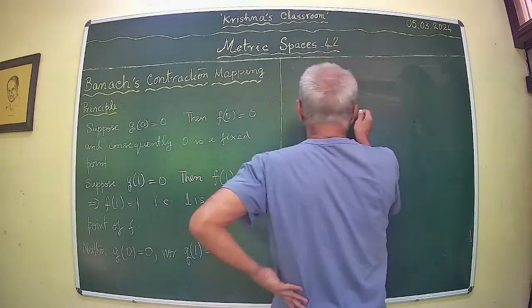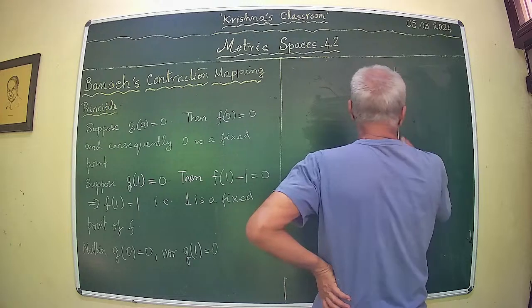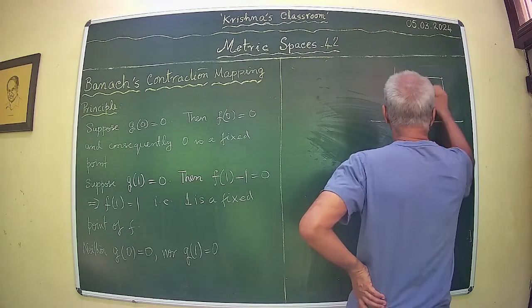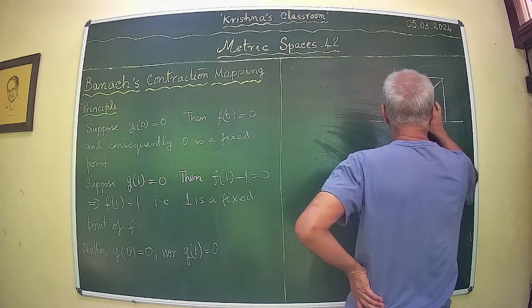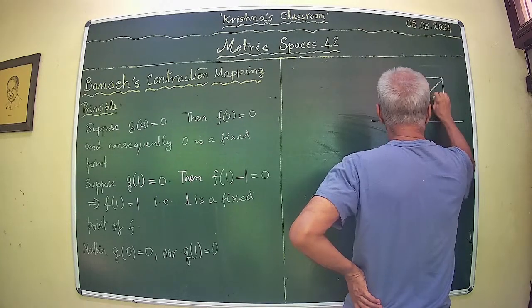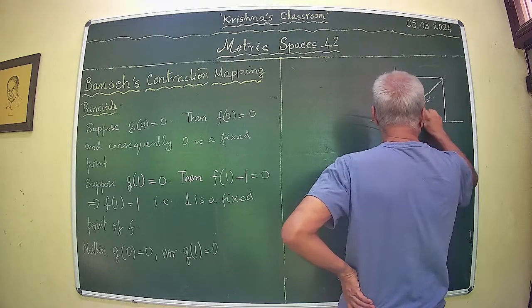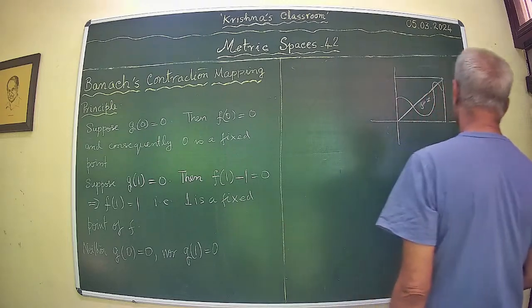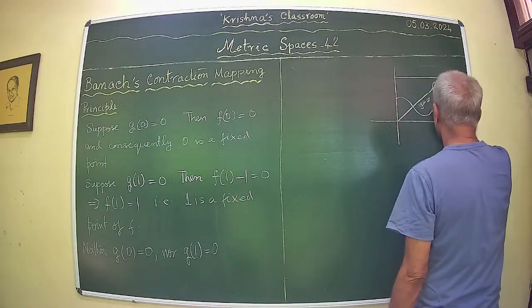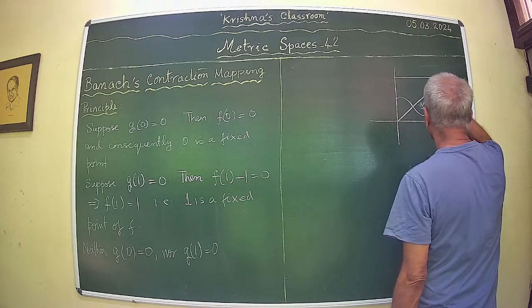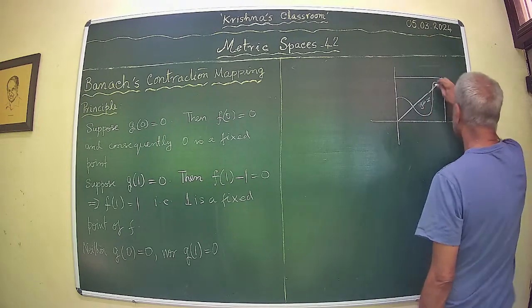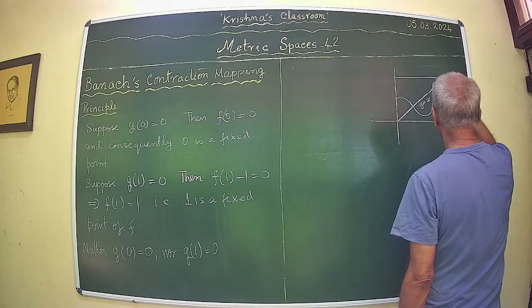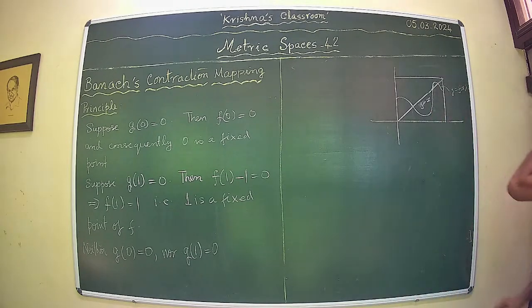So the situation is this. Suppose this is y equal to f of x. That is the graph.